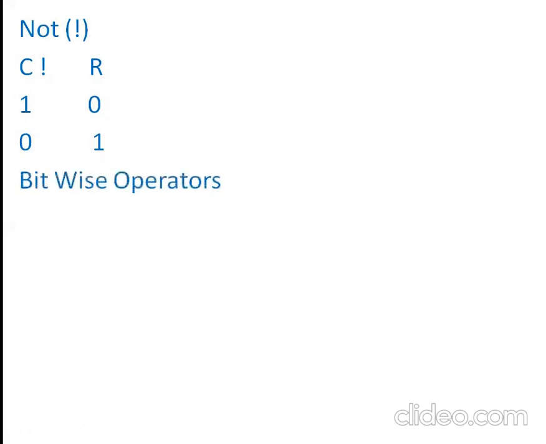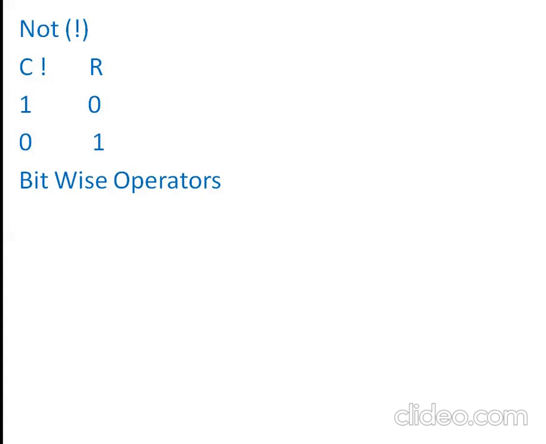So this is about logical operators. Then next comes bitwise operators. So why are these called bitwise operators? Because they give bit values. Bit values in the sense binary values, ones and zeros. What we discussed last class, binary language or machine language or low level language, that language will have these bitwise values, ones and zeros.